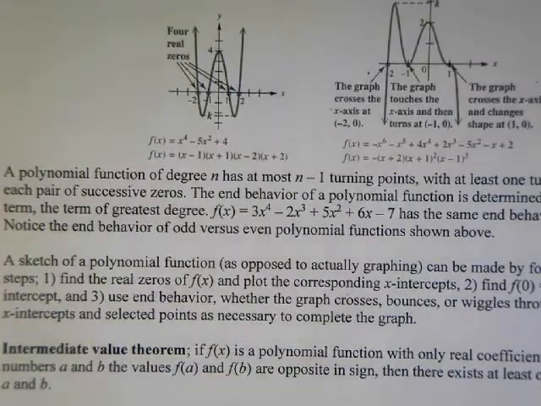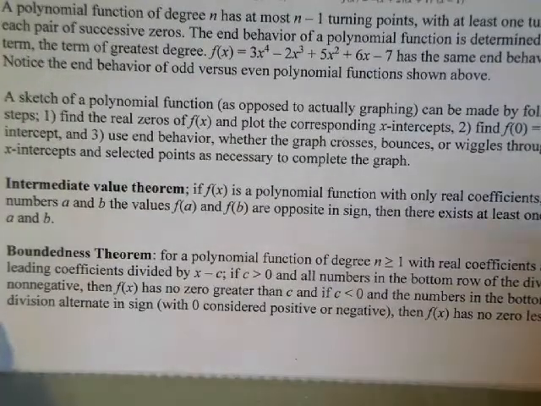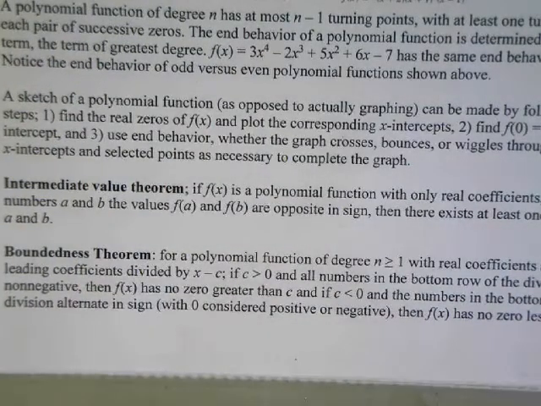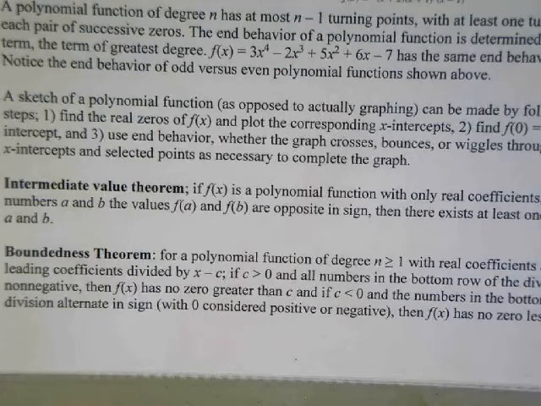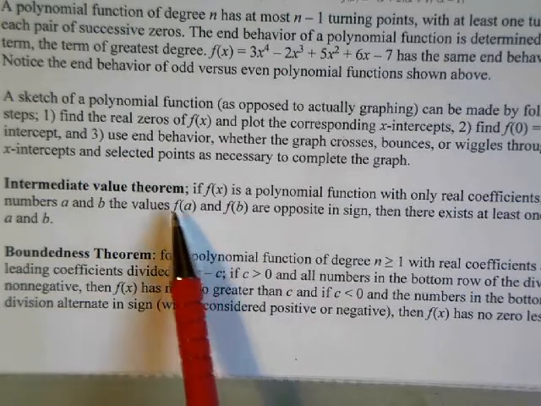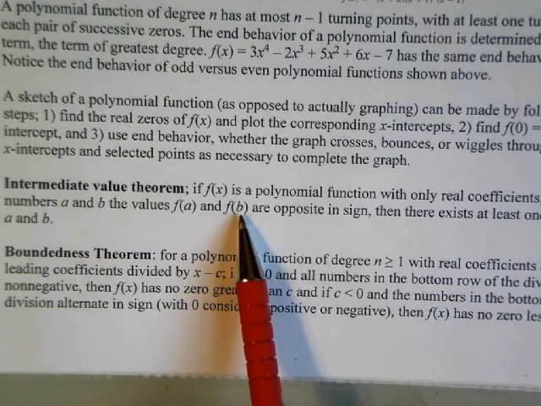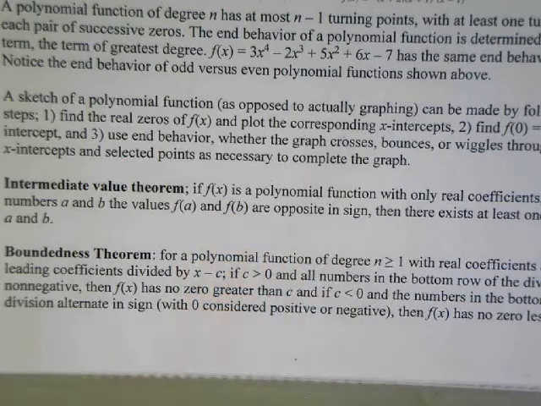Okay, there are two other ideas or concepts in this section. The first is called the intermediate value theorem. Basically it says if f of x is a polynomial function with only real coefficients, and for real numbers a and b, you evaluate f at a, and you evaluate the function f of x at b, and they are of opposite sign, then there exists at least one real zero between them.